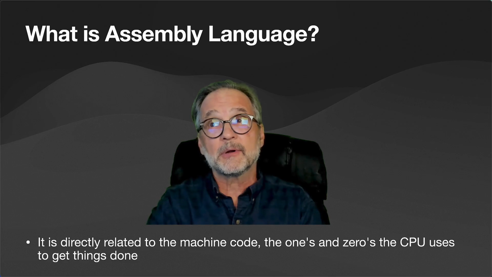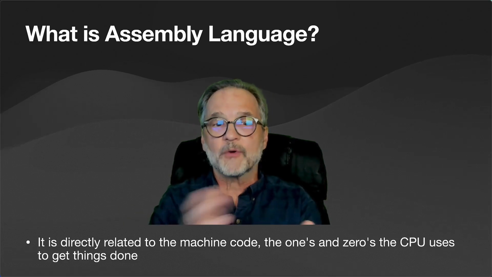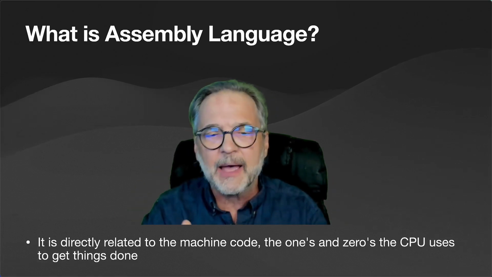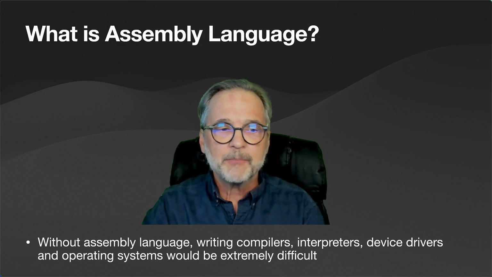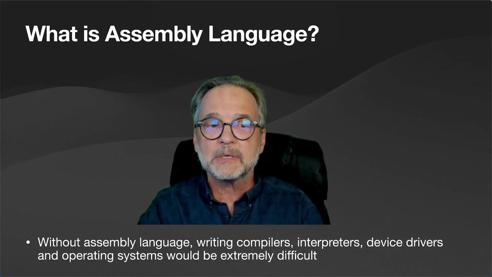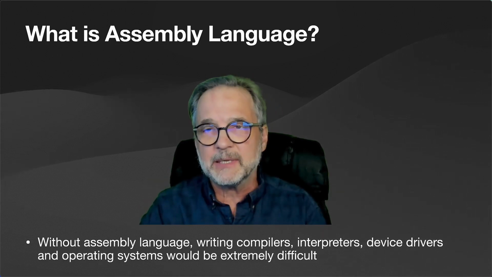So an assembler is different than a compiler in that way. An assembler is mainly just a word-for-word translator, where a compiler is more of an interpreter. What did they mean by that? Was the grammar correct? Also, without assembler language, writing compilers, interpreters, device drivers, and operating systems would be really difficult.